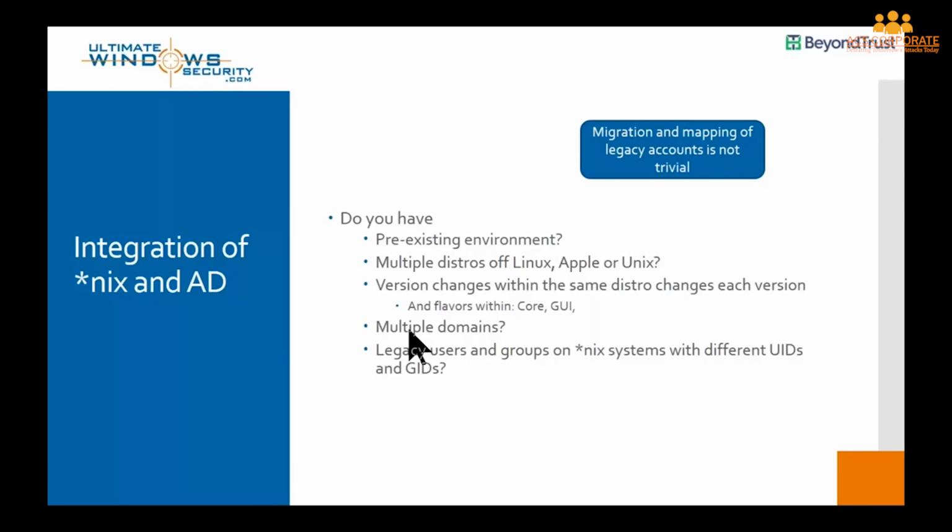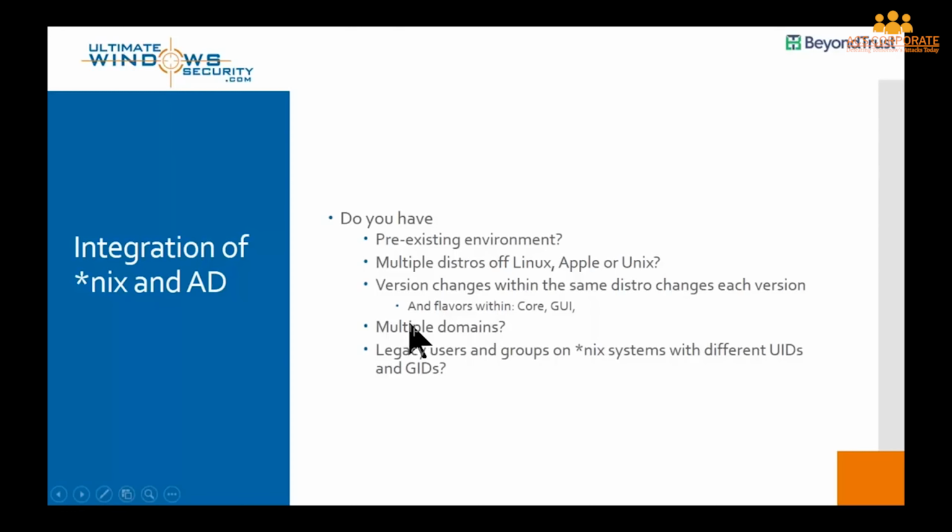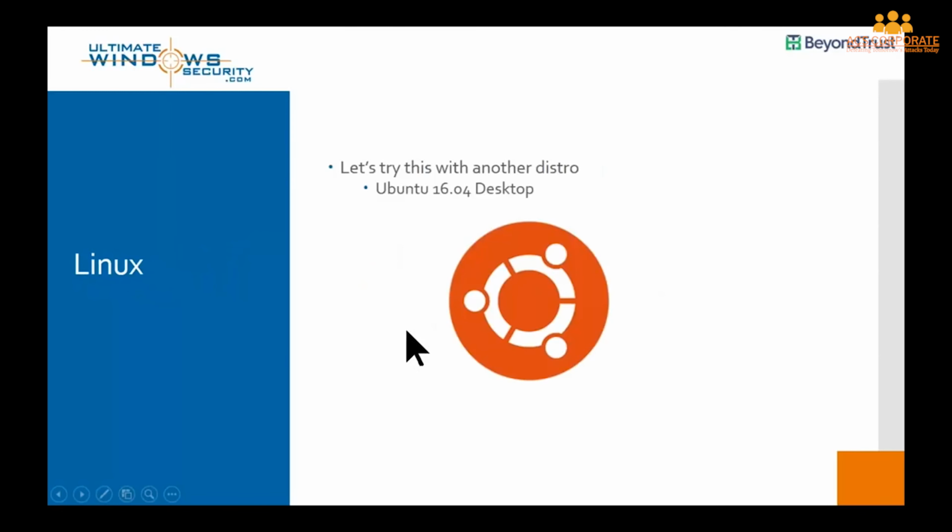But before we dive into those, let's try this with another distro of Linux. This time, let's accomplish the same thing with Ubuntu. We're using 16.04. For whatever reason, we use the desktop version for this, and you'll see that it's basically the same, but it's never perfectly the same from one distro of Linux to the other.